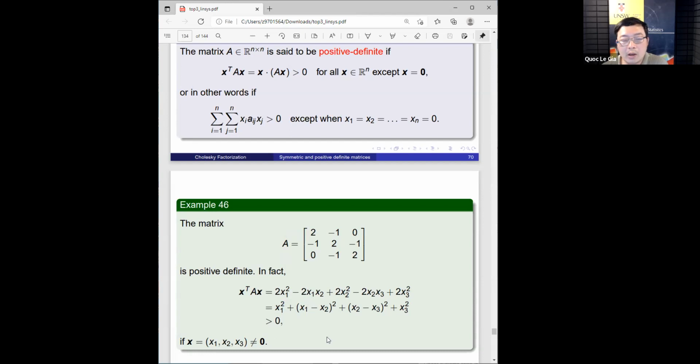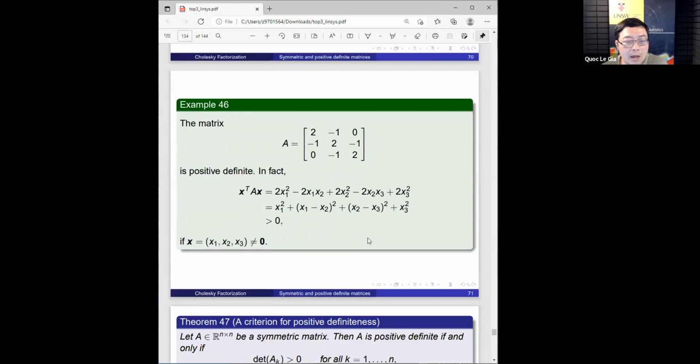Because a sum of squares is always greater than 0, except when it's the zero vector, then it becomes 0. So this matrix is a positive definite matrix.